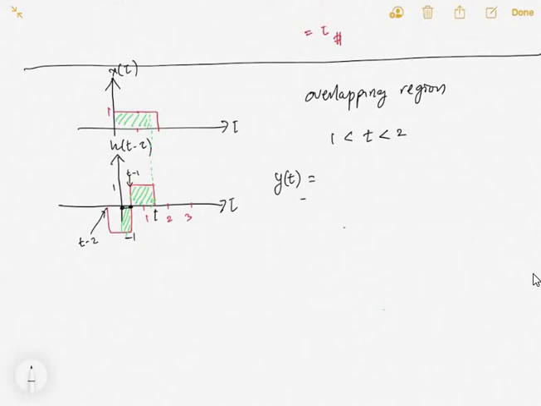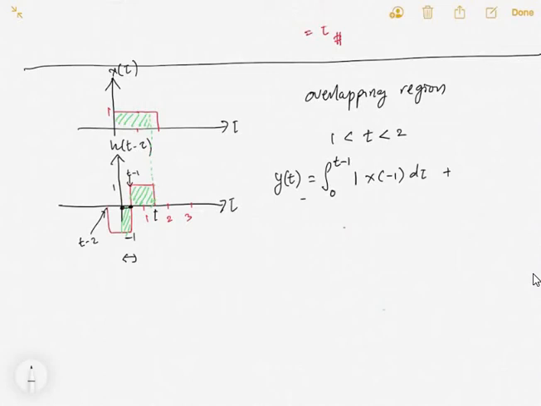Let's say now you have 0 to t minus 1. That is this part. What is the value? Here x(tau) is 1, h(t minus tau) is negative 1, times negative 1, d tau.